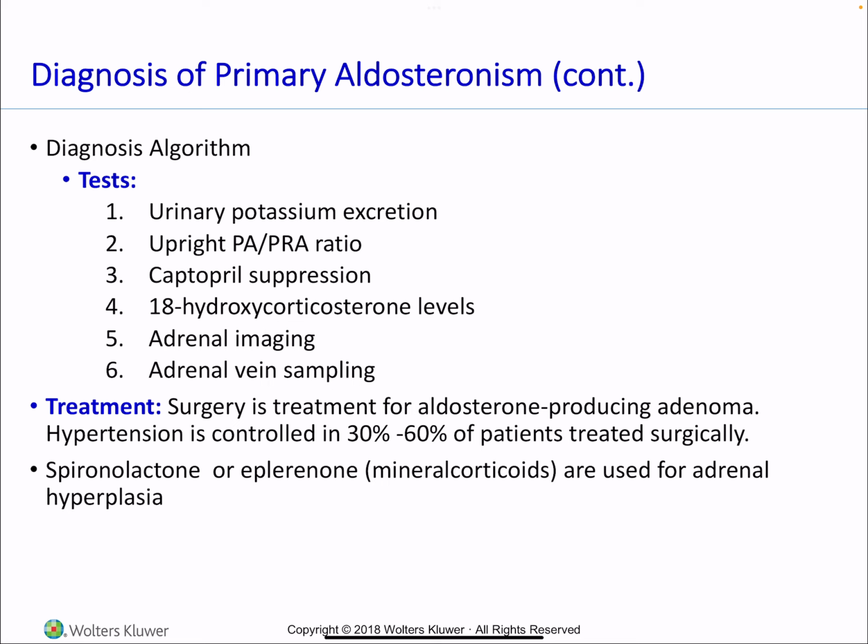We can also assess the levels of 18-hydroxycorticosterone, and do adrenal imaging by CAT scan or MRI, or the adrenal vein sampling, the AVS test. Treatment usually involves surgery. Surgery is the treatment for aldosterone-producing adenomas, but hypertension is controlled in about 30 to 60% of patients that are treated surgically.